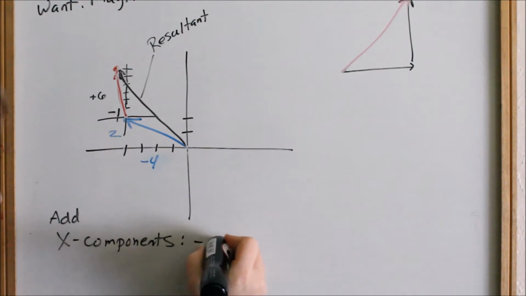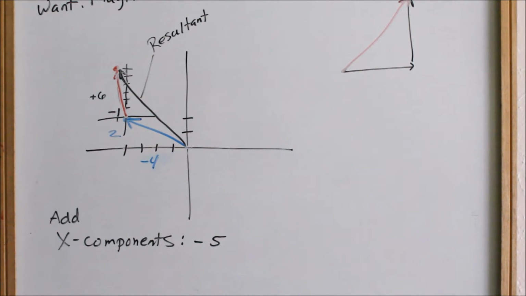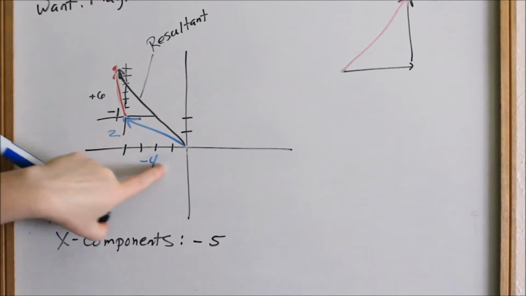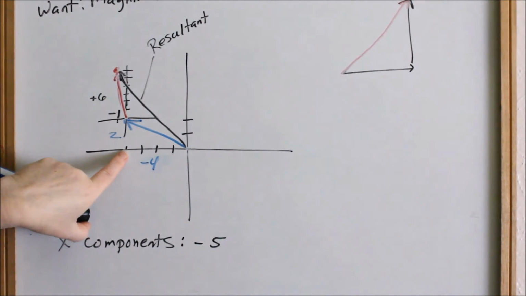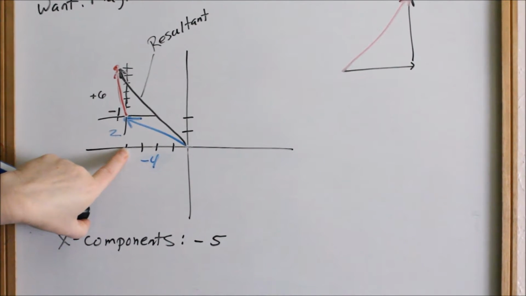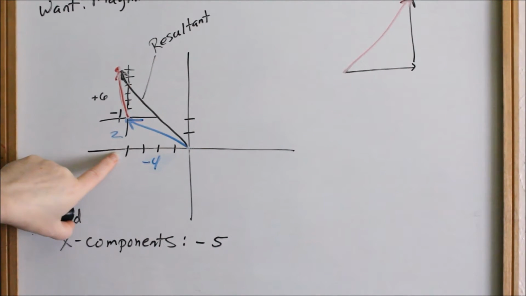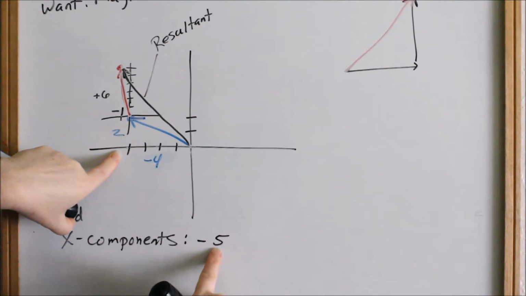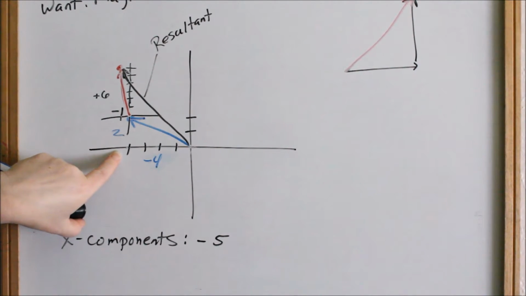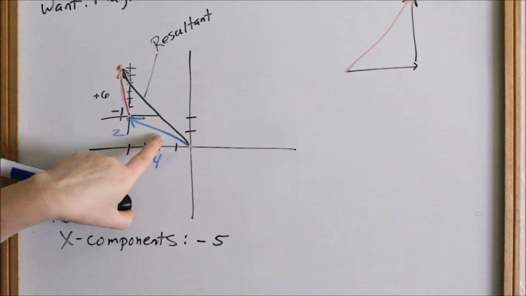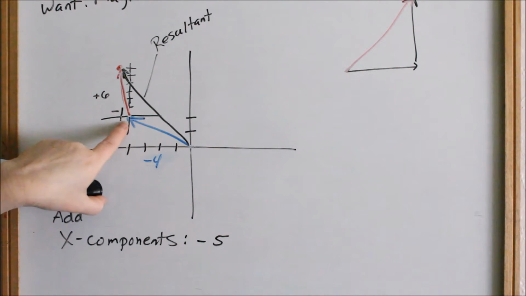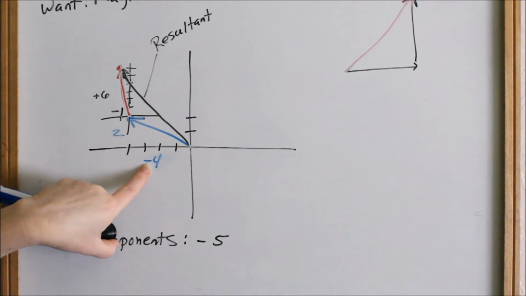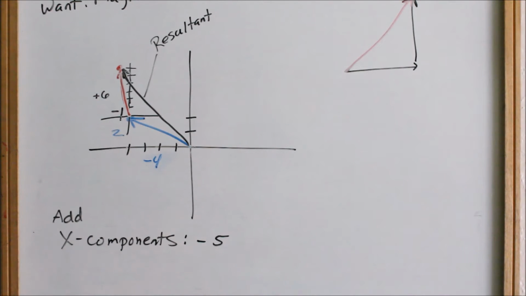My total in the x direction is -5. All I did was add my x components: -4 for the blue one and -1 for the red one, and -4 and -1 is -5.